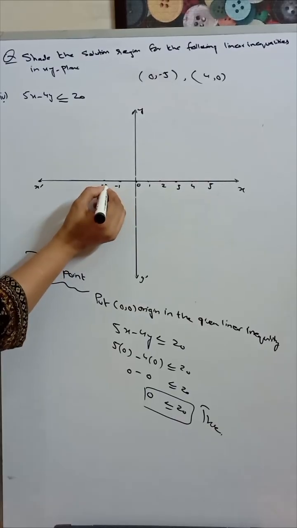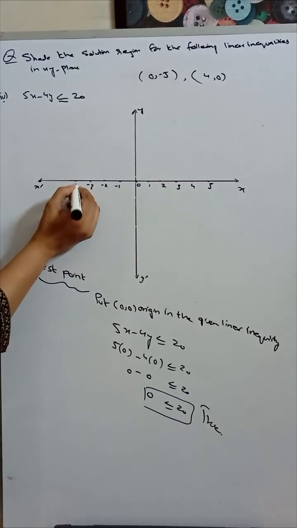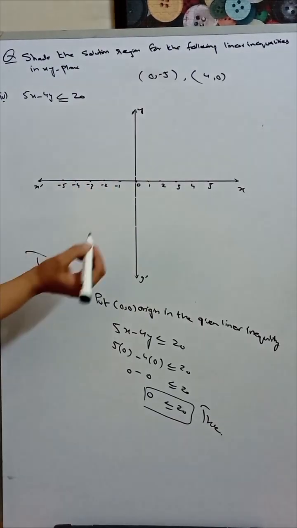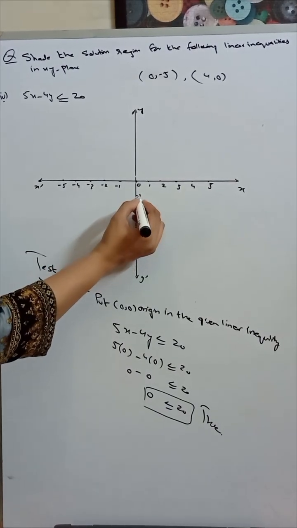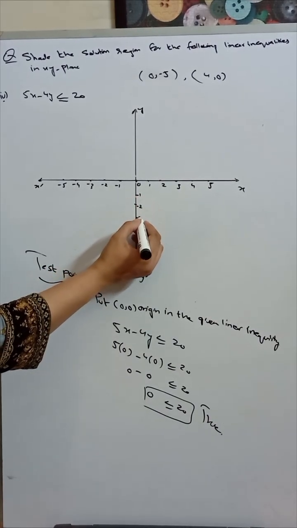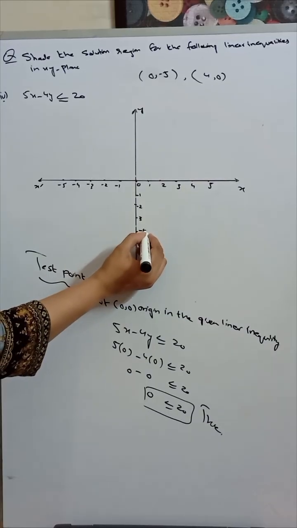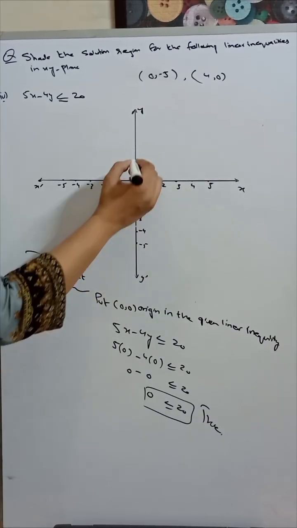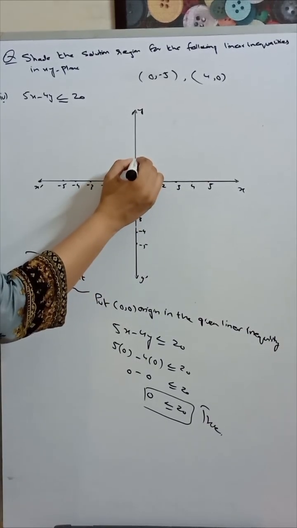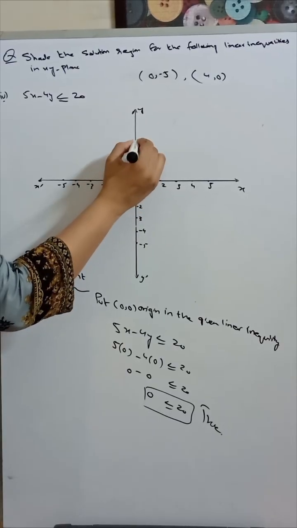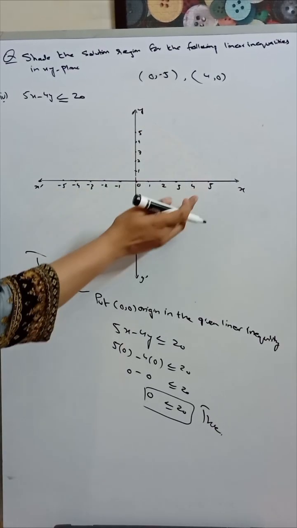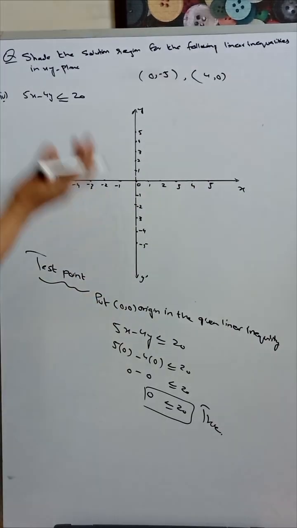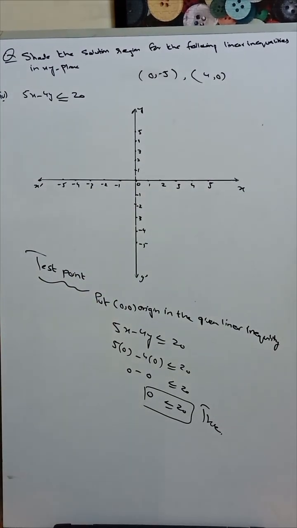Opposite, minus 1, minus 2, minus 3, minus 4, minus 5. Similarly on the y axis, positive 1, 2, 3, 4, 5 and minus 1, minus 2, minus 3, minus 4, minus 5. We can add 6, 7 and so on, but right now I think it's enough.